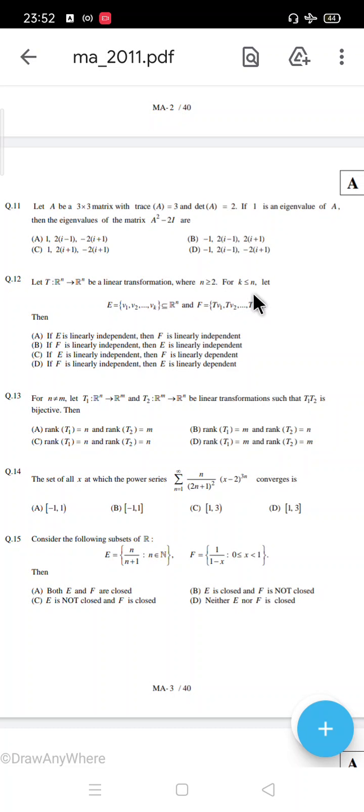Let E equal to this and F equal to T(v1) to T(vk). So they are saying if E is linearly independent, then F is linearly independent. If F is linearly independent, okay, see, we have an example.